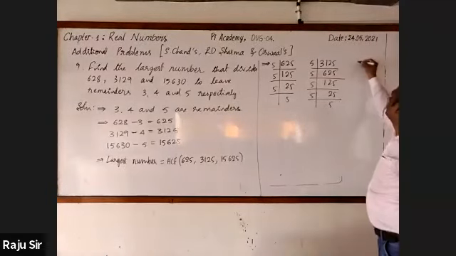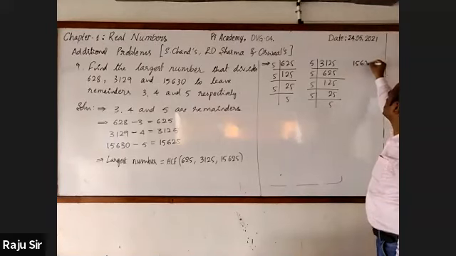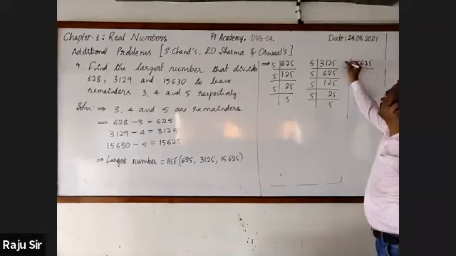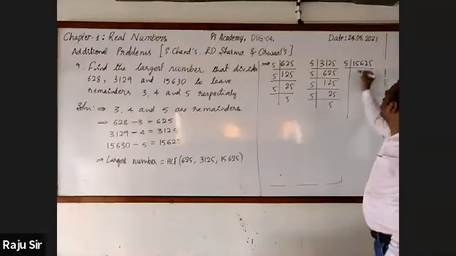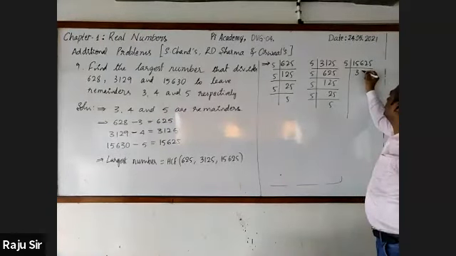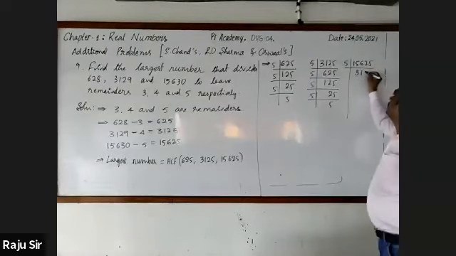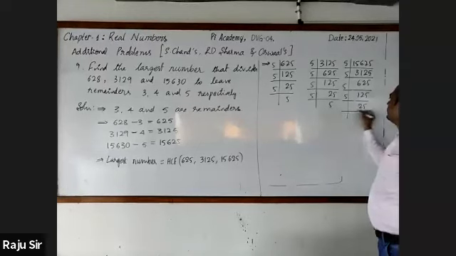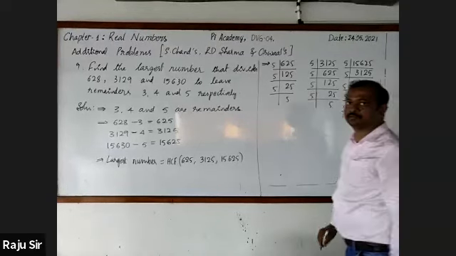Next, 15,625. Start dividing this by 5. 5 3s are 15, 5 1s are 5, 5 2s are 10, 5 5s are 25. Again, 5, 625, 5 125s are 625, 5 25s are 125, 5 5s are 25, 5.